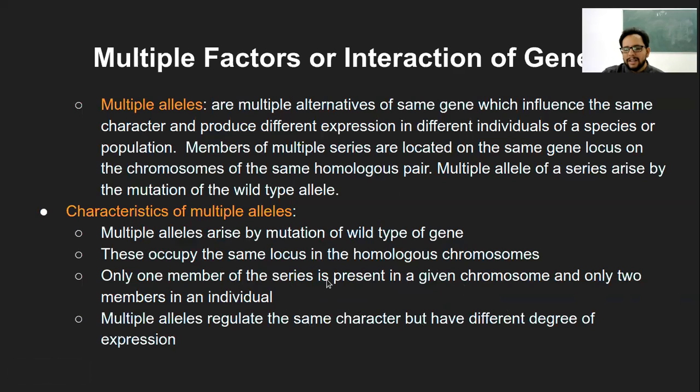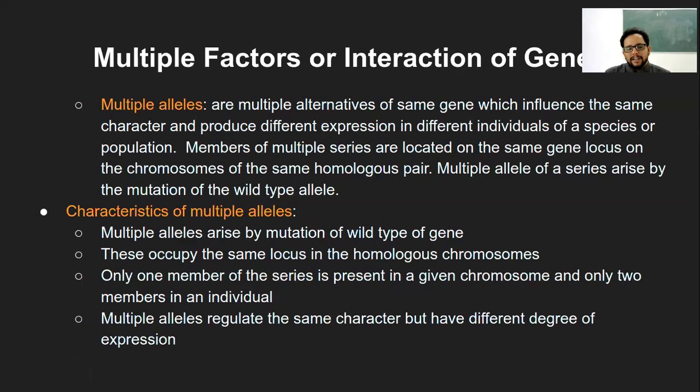That is quite obvious, something like a diploid stage. That is what is being explained in this third point. It is written in a slightly different way, but what it means is that within one individual they can only have 2 copies, and all these multiple alleles will be present in series on a given chromosome.